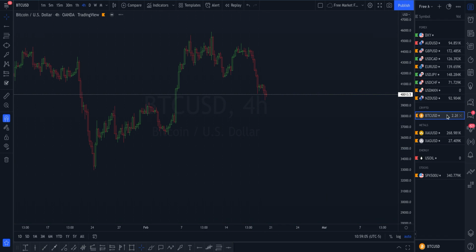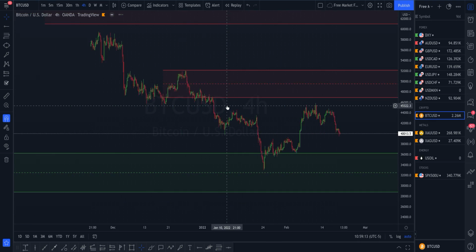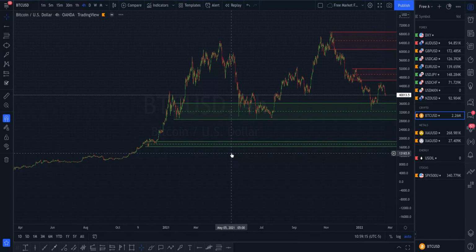All right, we're going to be wrapping this up. So now we're into Bitcoin here. Institutional bias is consolidation. We have been on this downtrend.